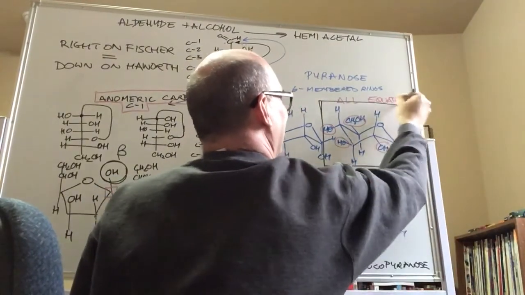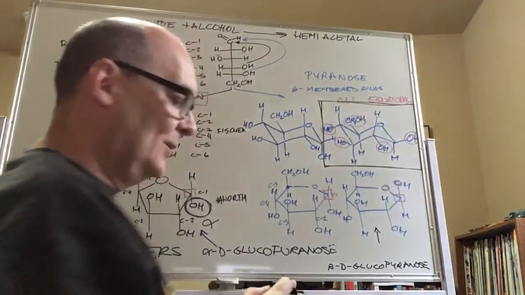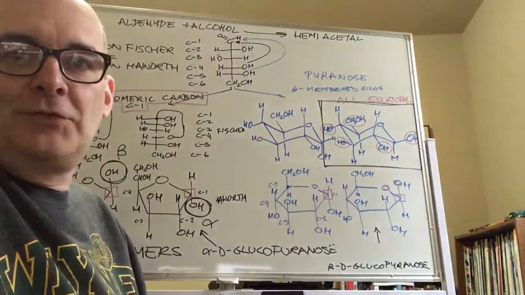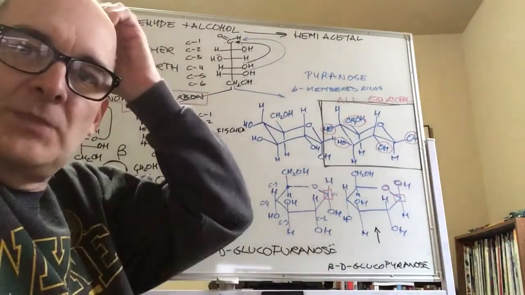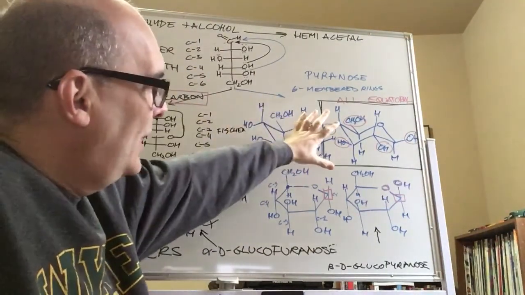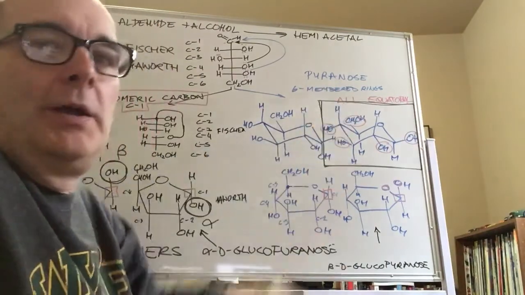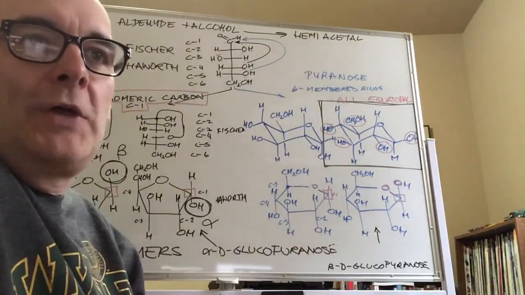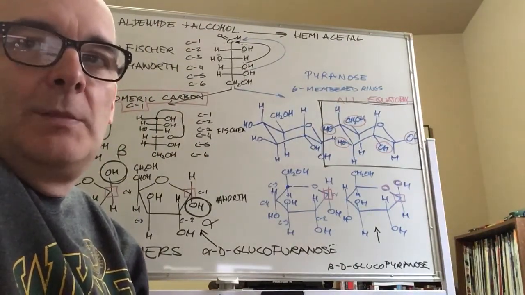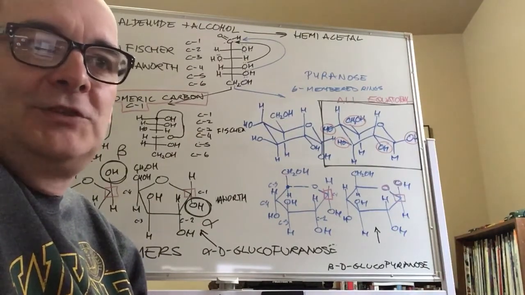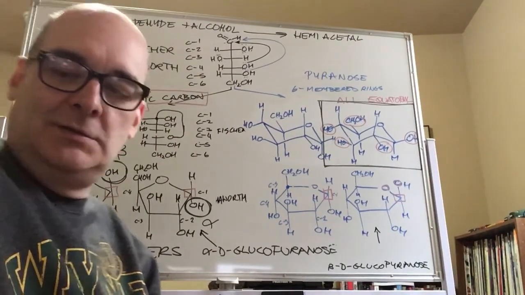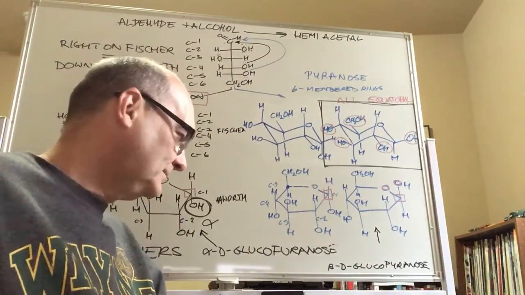D-glucose can exist in any of these 4 forms. It's going to appear in this one more than the others because all of my substituents are equatorial.